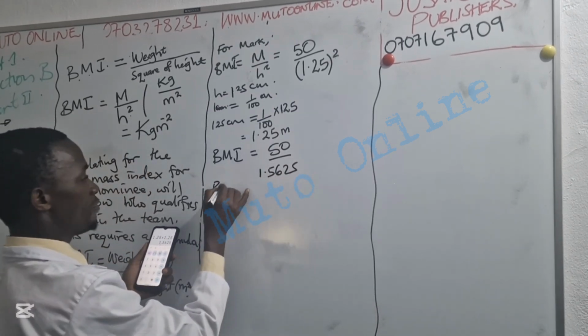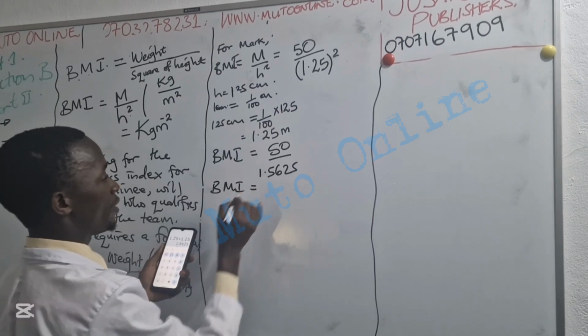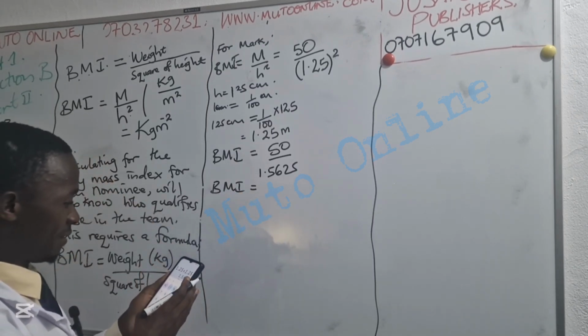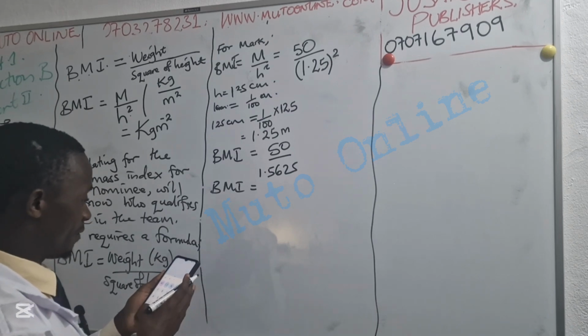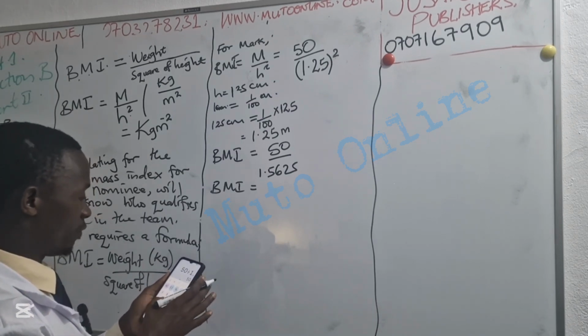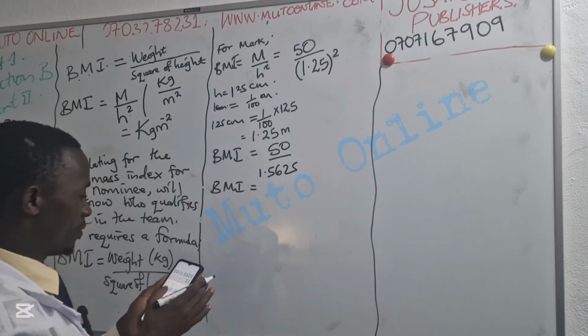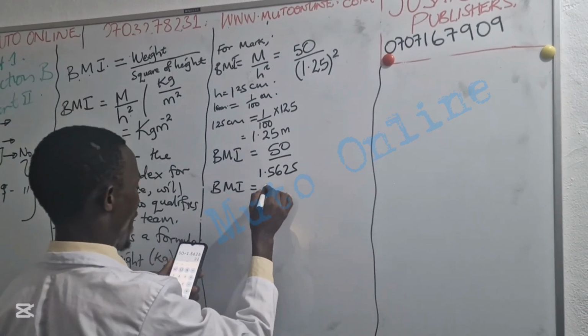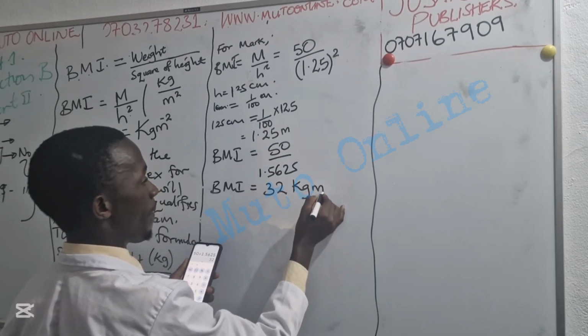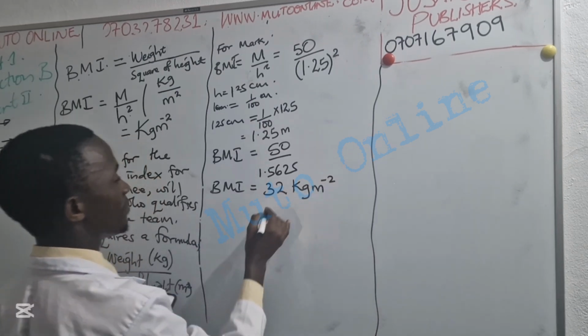So such that the BMI of Mark alone is, so I'll get 50 divided by 1.5625, a BMI of 32 kilograms per meter squared.